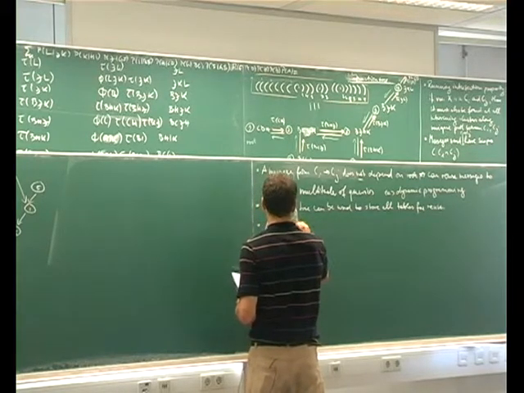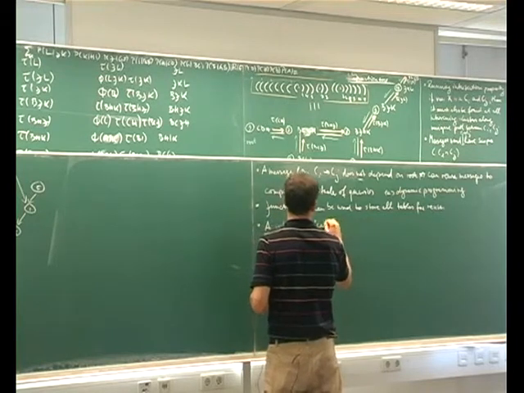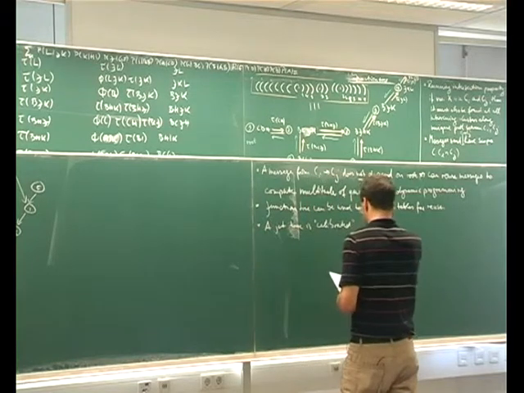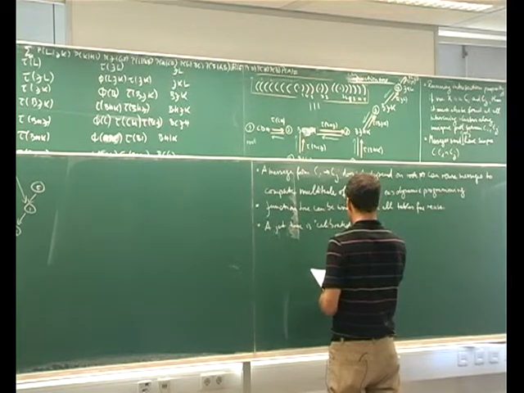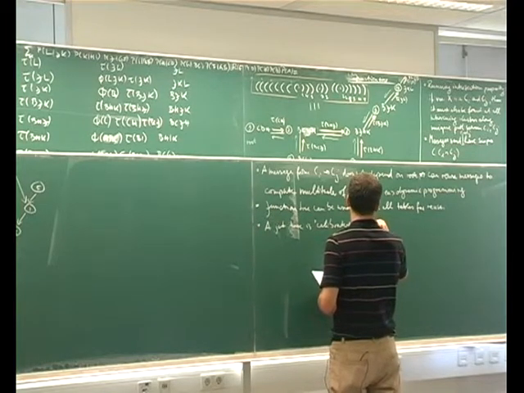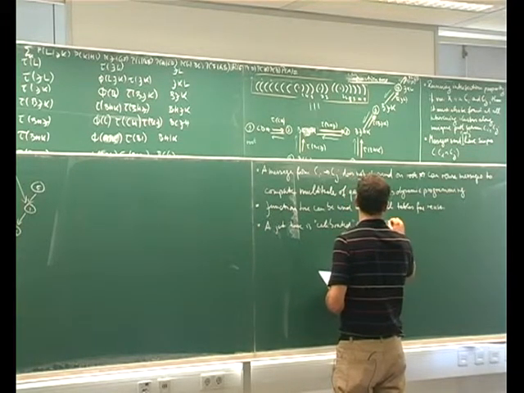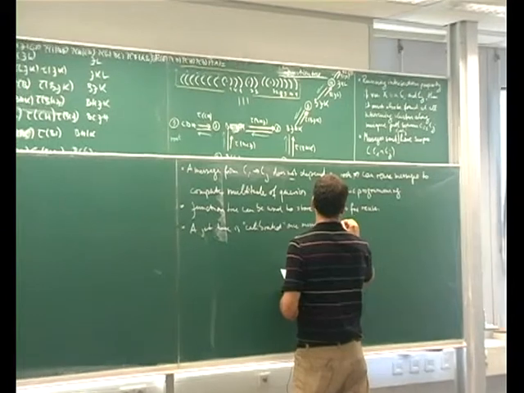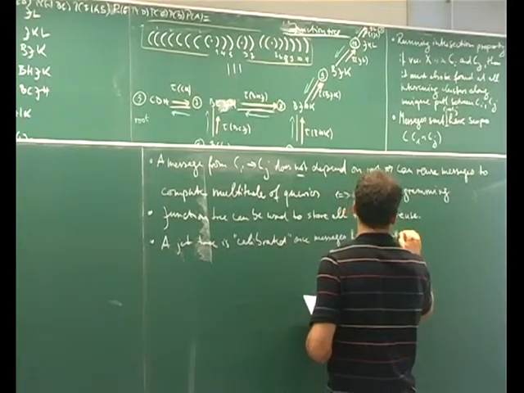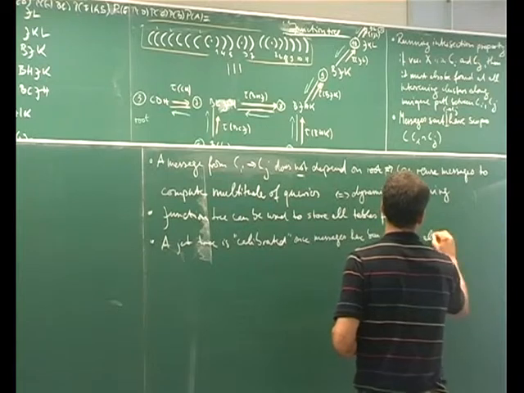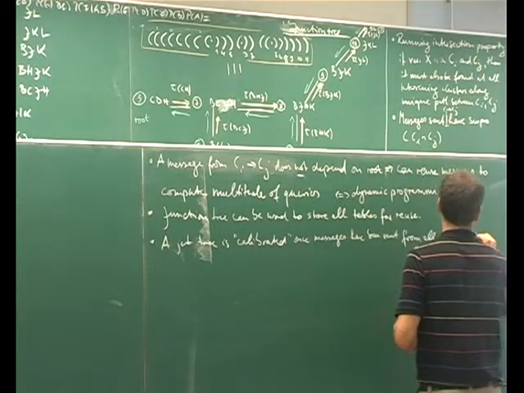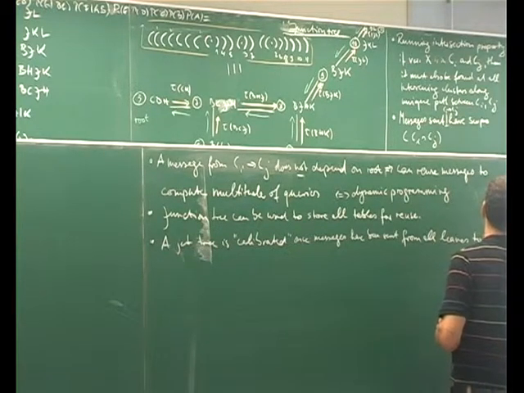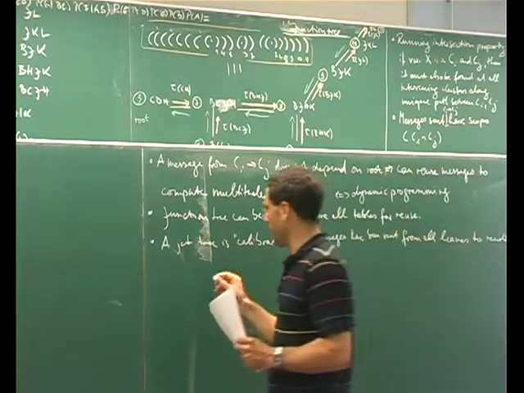So a junction tree is calibrated once messages have been sent from all leaves to some random root, and then from the root back to all leaves.